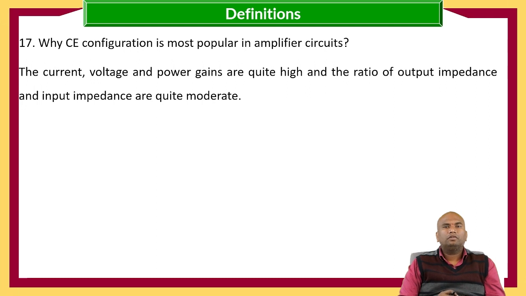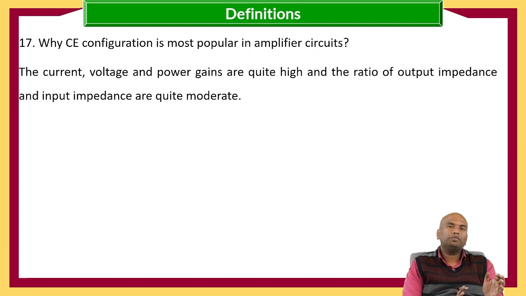Now the next one is why the CE configuration is most popular in amplifier circuits. In the common emitter amplifier, the input is the base, because we know that the transistor is a current controlled device. So base current controls the conduction in the transistor.